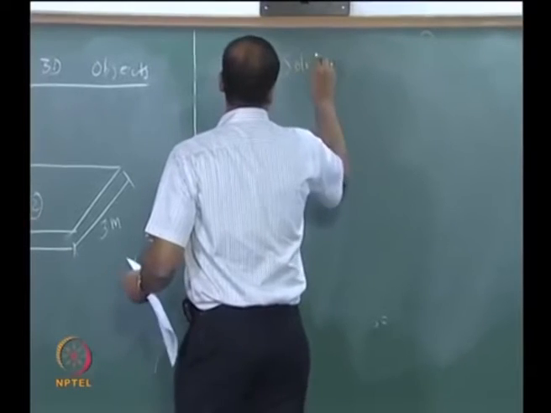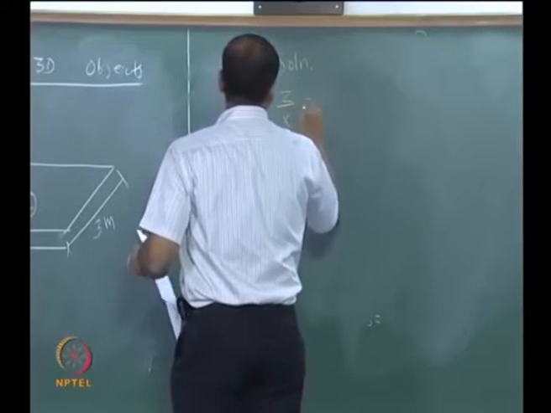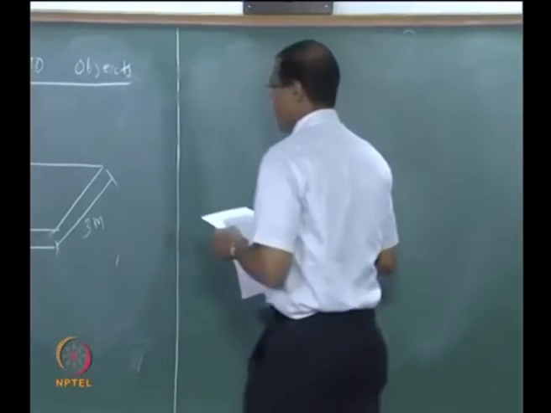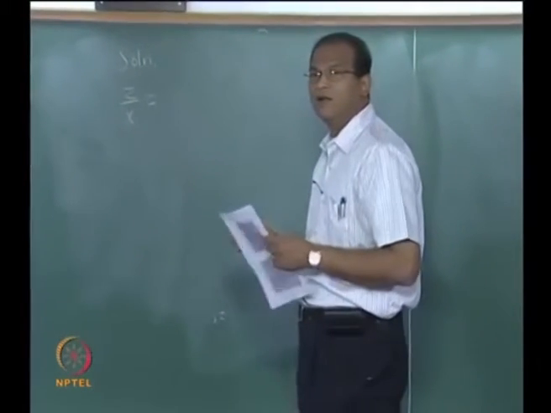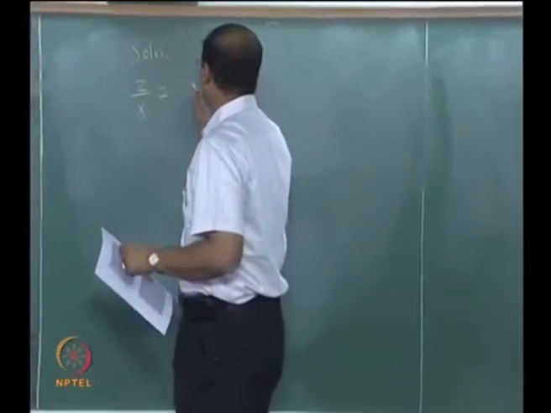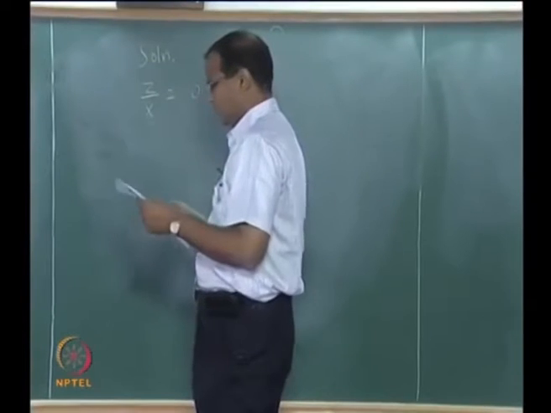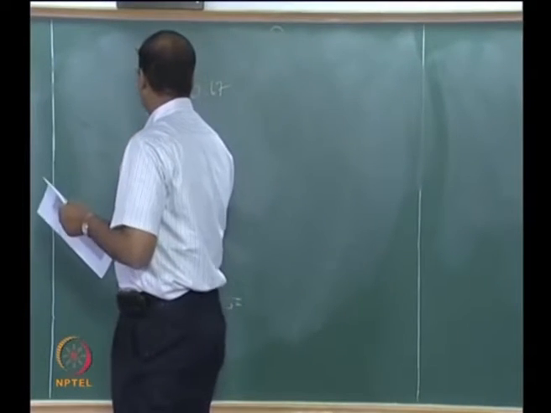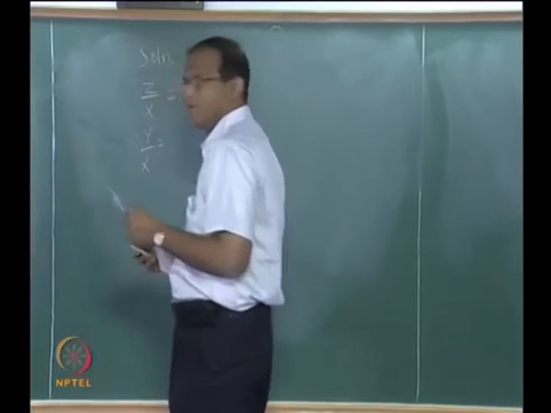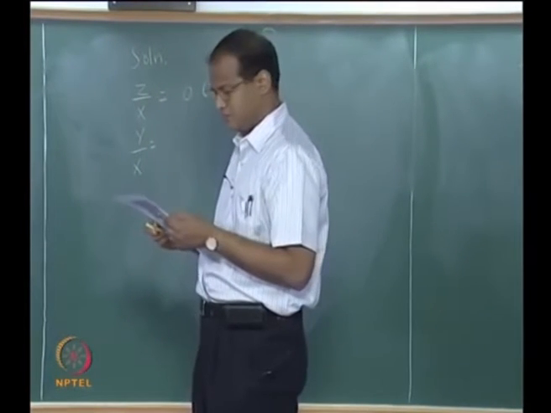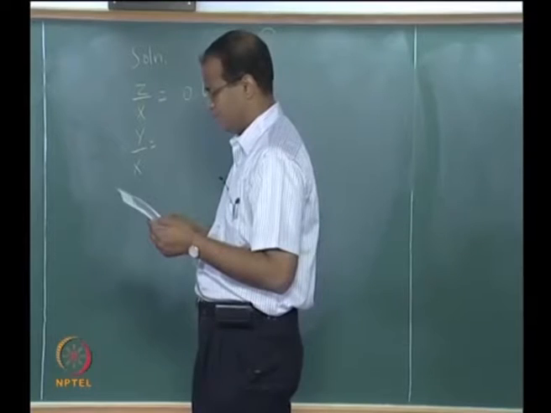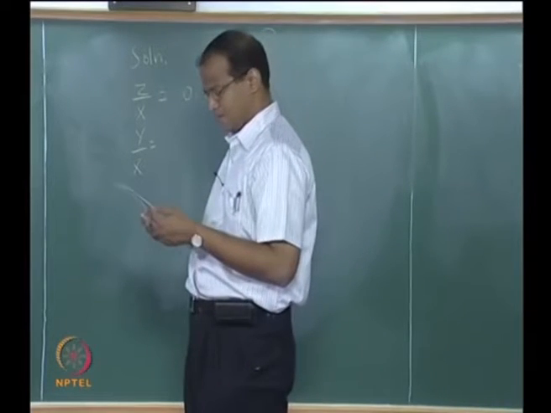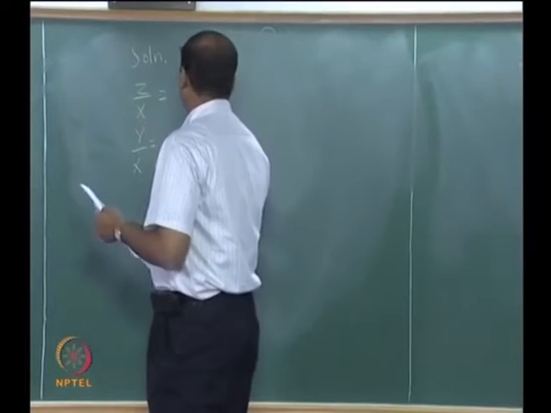What is Z by X? 0.67, very good, okay. And then what else is there? Y by X, how much was it? 1. What is Y? 4, oh, correct, okay.